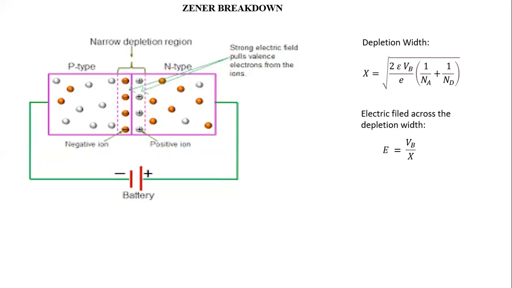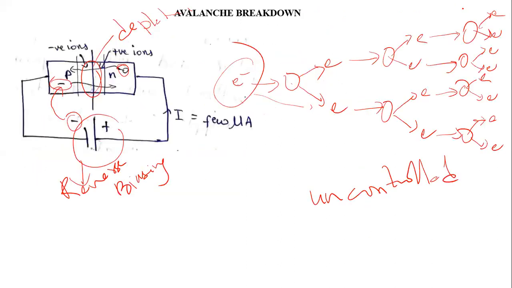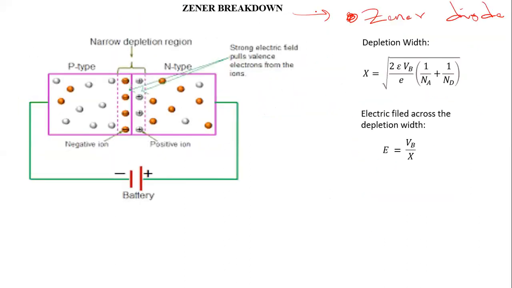Now, Zener breakdown occurs usually in a special type of diode called a Zener diode. In a normal diode, the undesired voltage breakdown occurs by the phenomenon called avalanche breakdown, but in a special type of diodes, we can have what is called the Zener breakdown.